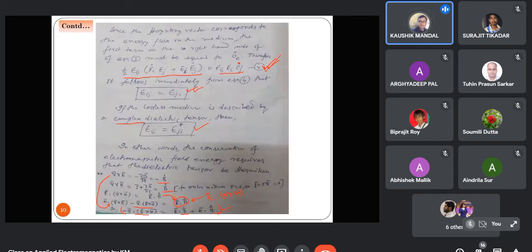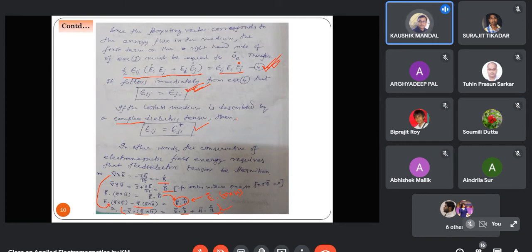And if this equation number 4 is true, then we can immediately write down that epsilon_ij equal to epsilon_ji. So you go through the corresponding slides. I think you will be able to understand the proof of this particular point, that the dielectric tensors of the materials are Hermitian in nature.